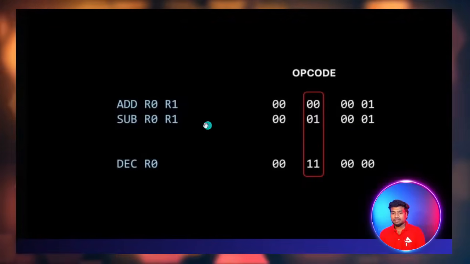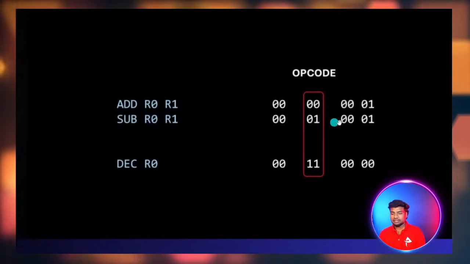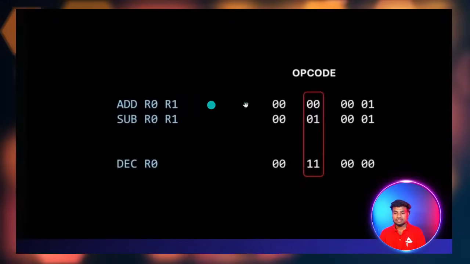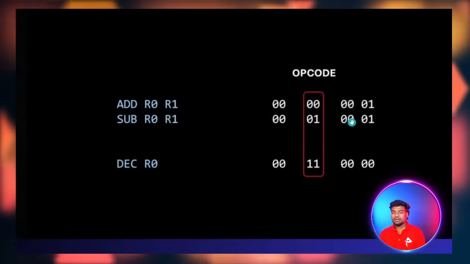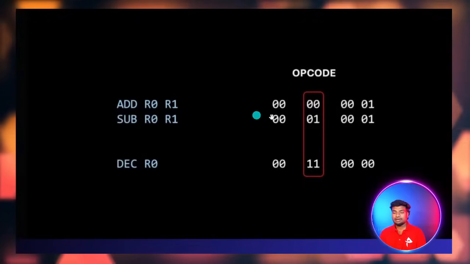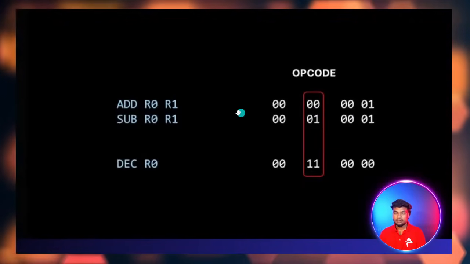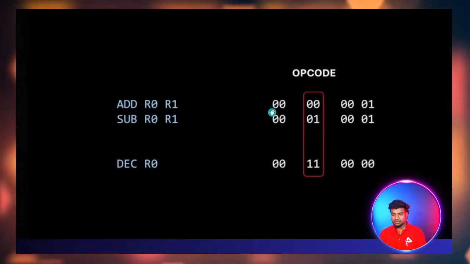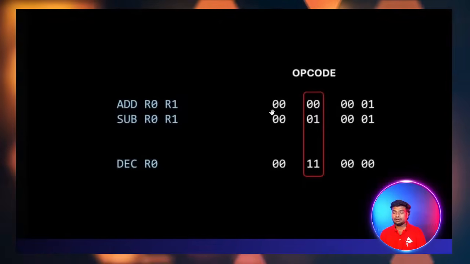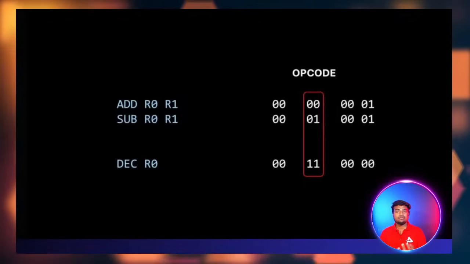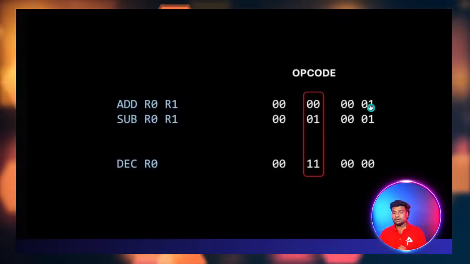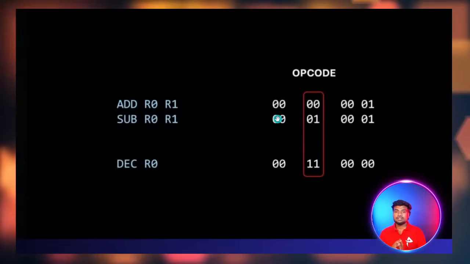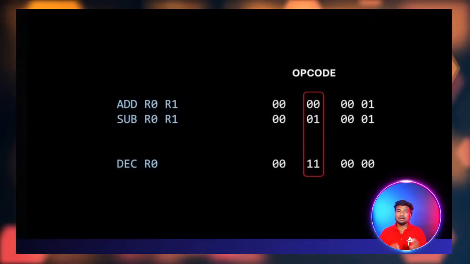Okay, and then 0 0 refers to the R0 register having a value of 0 0, and the R1 register having a value of 0 1, so it will do the addition operation. We have 32 bits, and we can split into 4 bytes: first byte, second byte, third byte, fourth byte. The fourth byte refers to which operation, instruction or arithmetic operation.